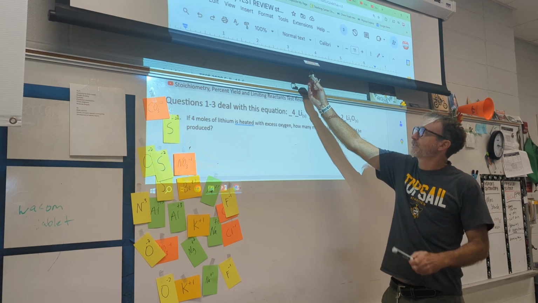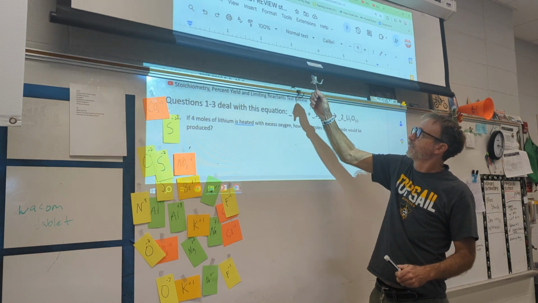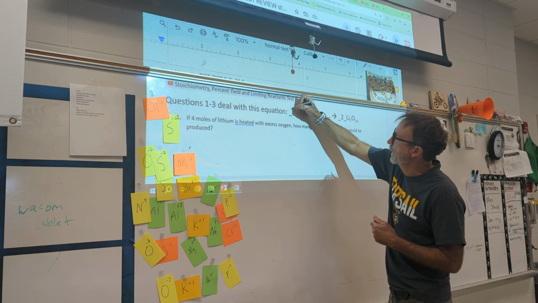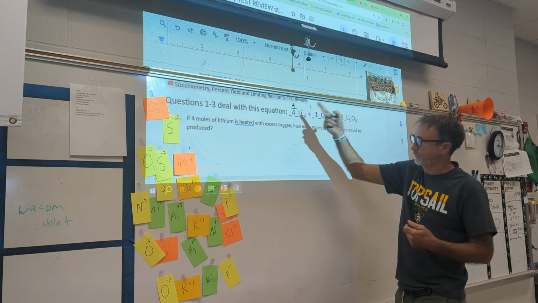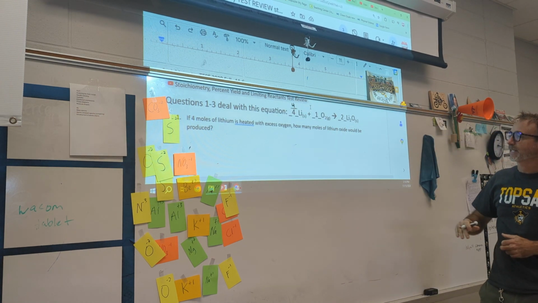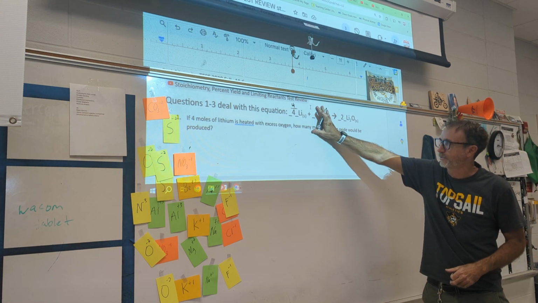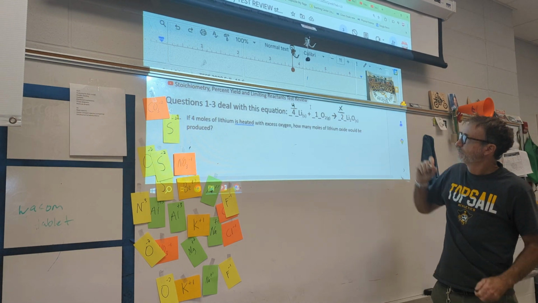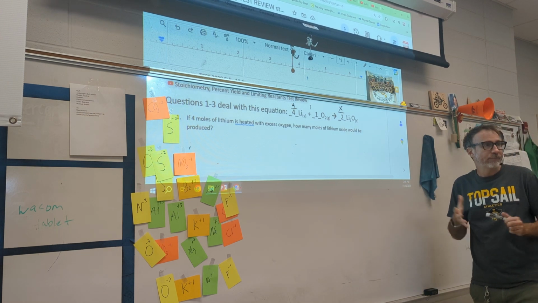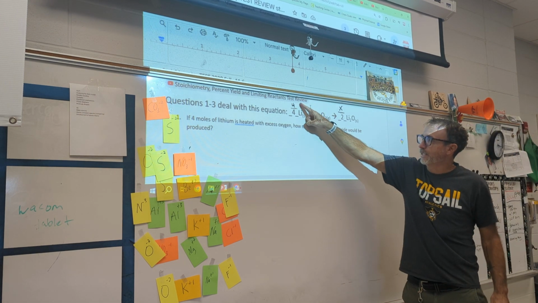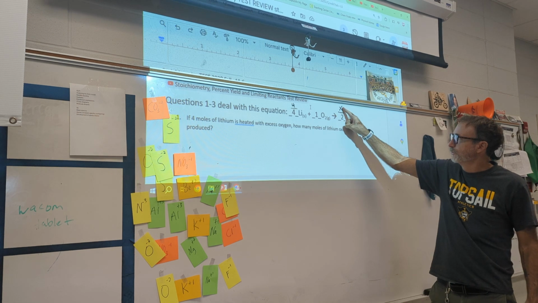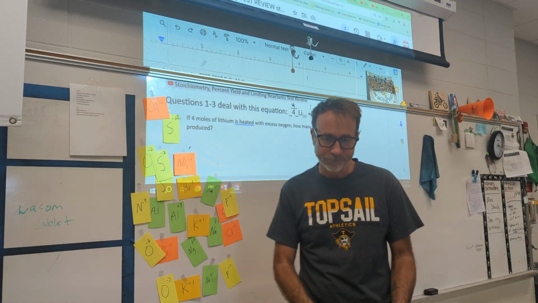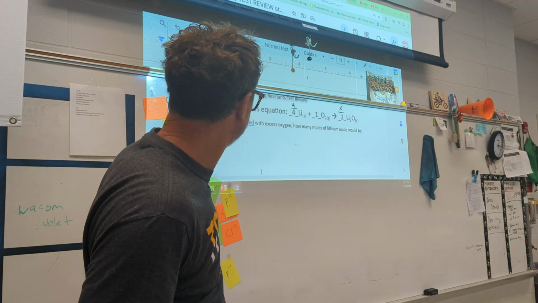If 4 moles of lithium is heated with excess oxygen, so there's plenty of oxygen, how many moles of lithium oxide would be produced? Well, 4 is to 4 as 2 is to 2. So the answer to that's 2. Everybody agree? All right. Good.